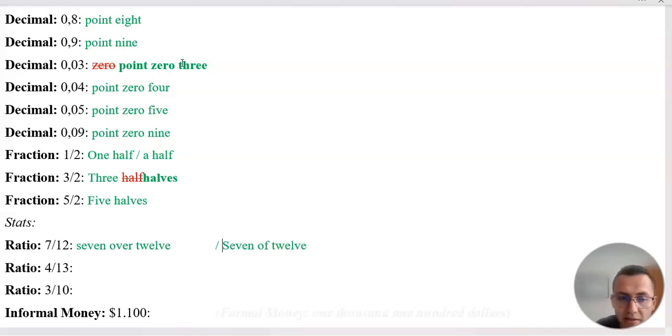Se puede decir seven twelfths o seven out of twelve. In the case of this one, it would be four thirteenths, or we can say four out of thirteen, ¿sí? It's almost the same.